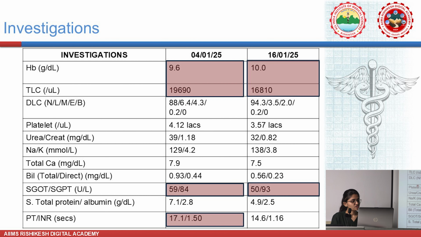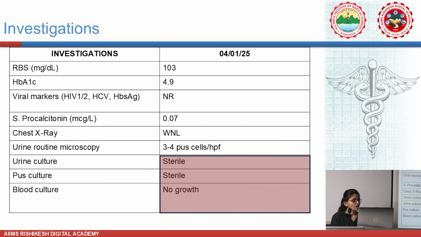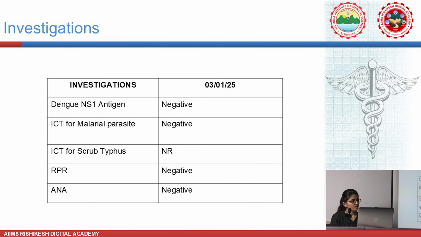In the liver function test, the liver enzymes were mildly increased, and the prothrombin time was deranged. It was 17.6 seconds. However, all the renal function tests were within normal limits. Along with this, the viral markers were non-reactive, all the cultures came out to be sterile, and the fever profile was also negative.